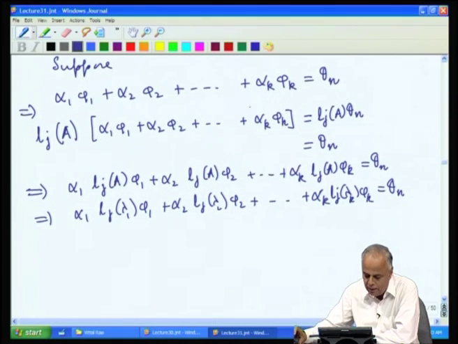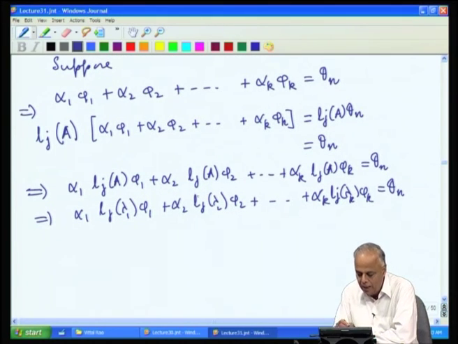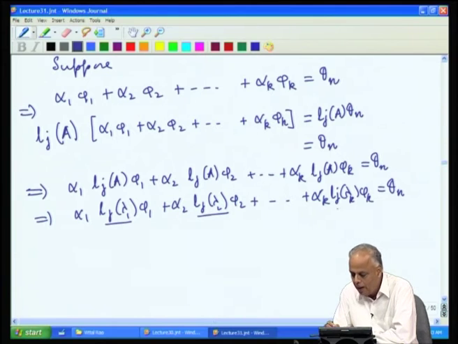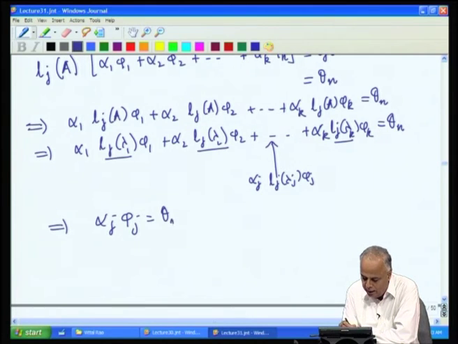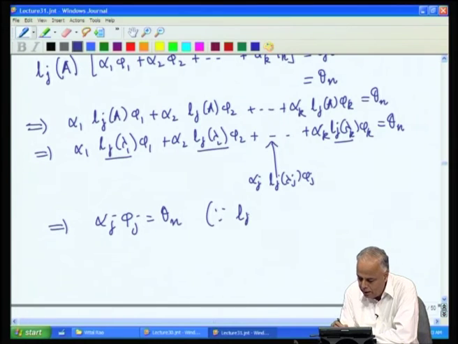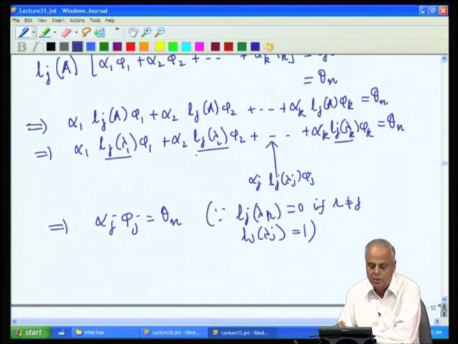So, Lj(lambda 1) will be 0, Lj(lambda 2) will be 0, and the only term that will survive will be Lj(lambda j). Because Lj(lambda j) is 1, this will become simply alpha j phi j equal to theta n, because Lj(lambda r) equals 0 if r is not equal to j, and Lj(lambda j) is equal to 1. If you use those, you get this.